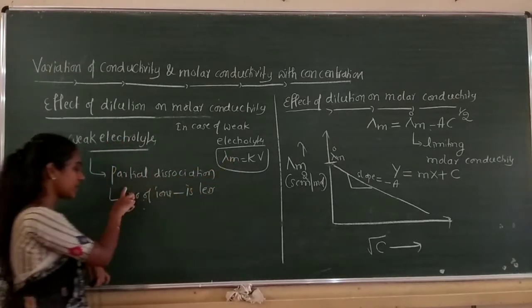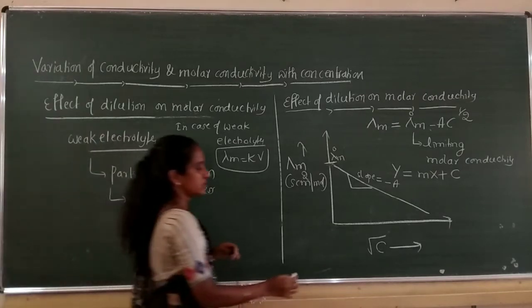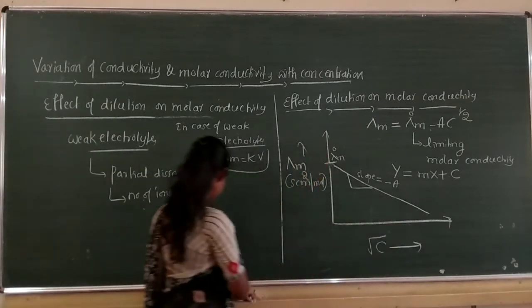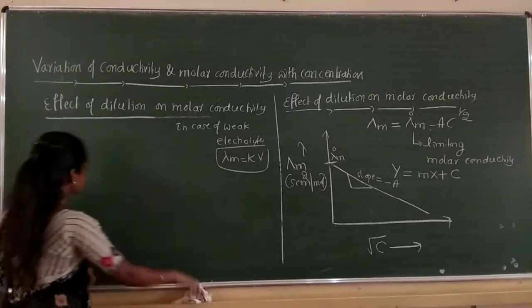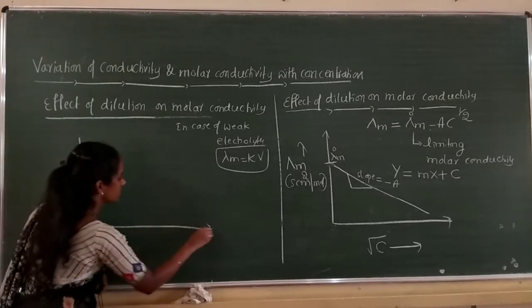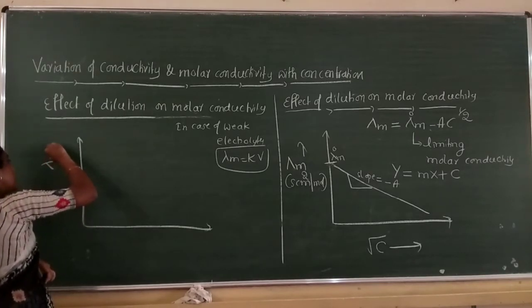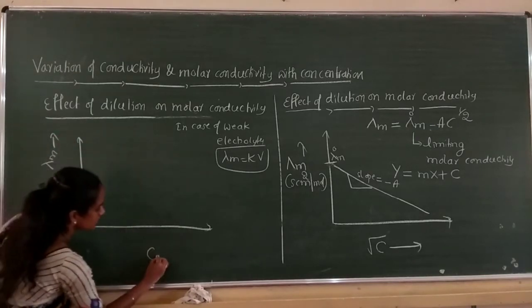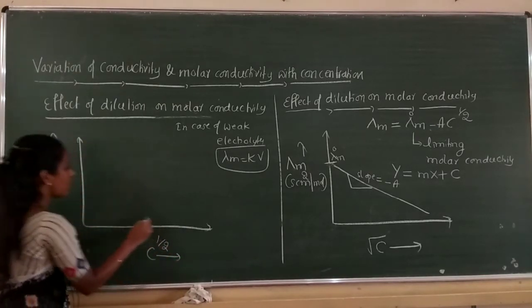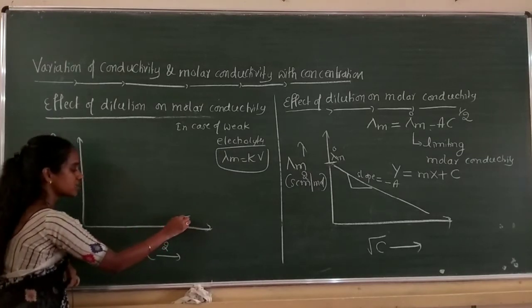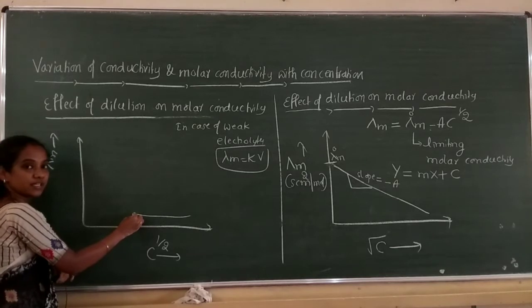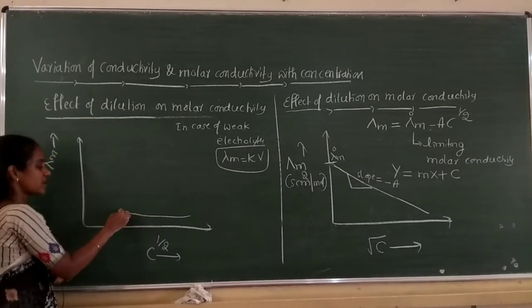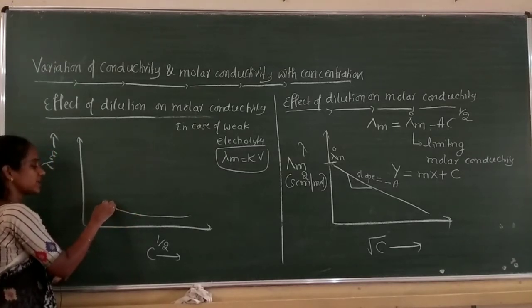In case of weak electrolytes, I'll draw one more graph here for weak electrolytes like this. Variation of molar conductivity versus concentration for weak electrolytes. As the concentration of the electrolyte solution is decreased, the molar conductivity goes on increasing.